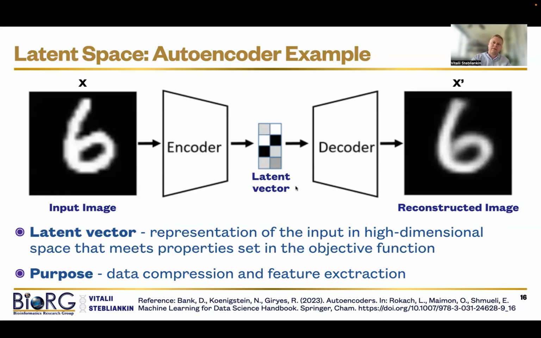Then from this latent vector, the decoder reconstructs the same image, right? So the latent space is basically the space of latent vectors, which are abstract vectors transformed by some machine learning architecture. Here the encoder can be anything. It can be convolutional neural networks, fully connected layers, transformer networks, anything.